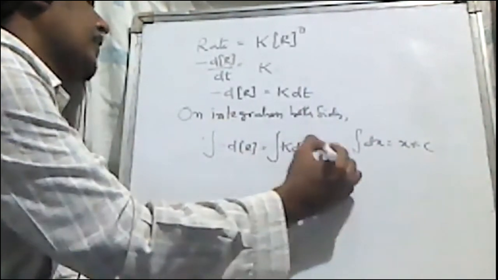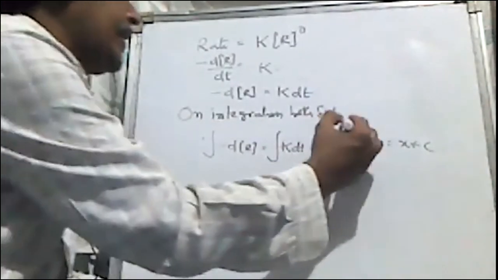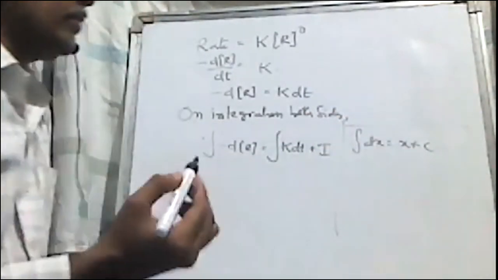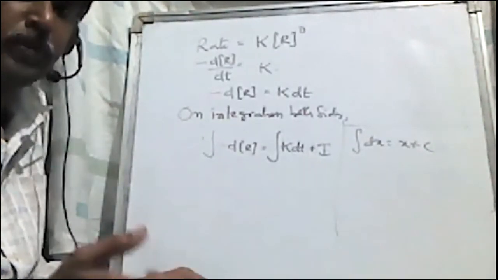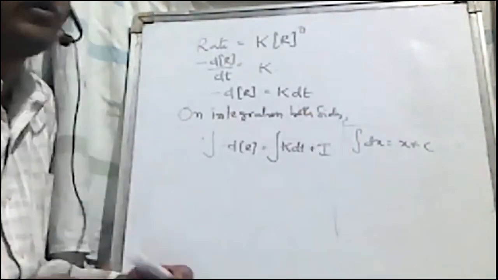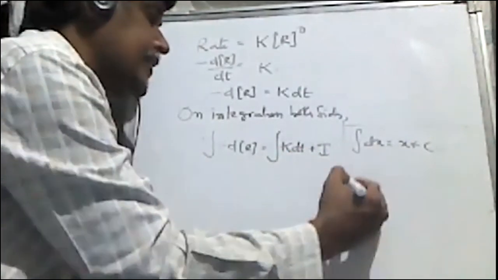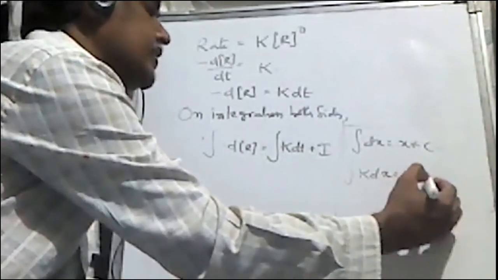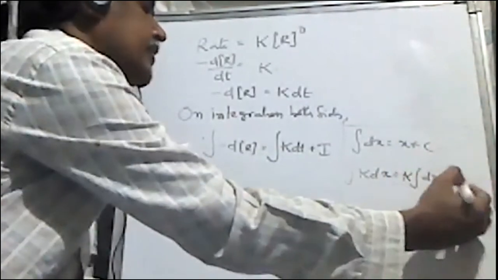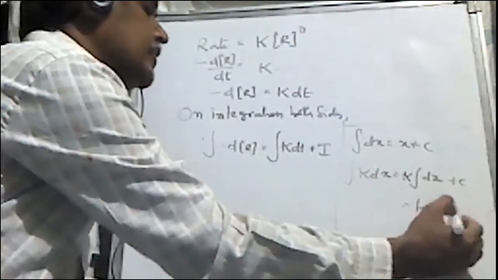Please remember that integration will be discussed in mathematics second year 2B paper. The integral of dx is equal to x plus c, whereas the integral of k dx is equal to k times the integral of dx, that is, kx plus c.